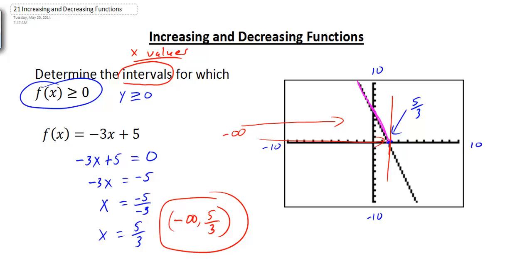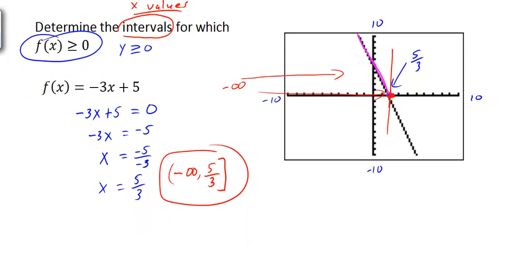Now, one mistake I did make here: this goes to 5/3, and really here I should have used what? Because 5/3 is actually on the x-axis, so it could be equal to 0, I would use a bracket. Okay, and that's because it says it's greater than or equal to.